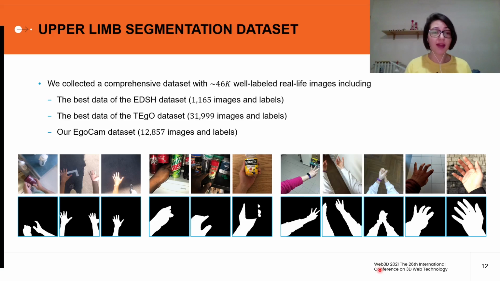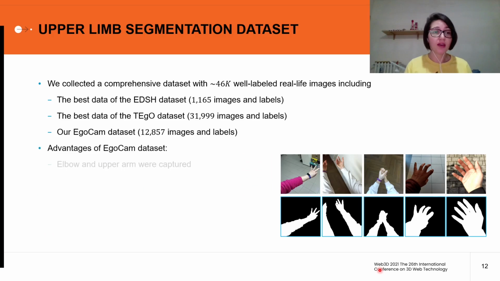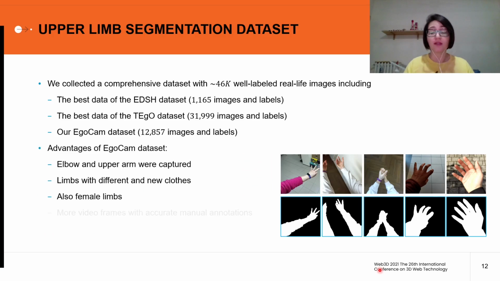And we collected our dataset called EgoCam that allows increasing the amount of data in our dataset, introducing also female limbs with different clothes, and capturing also the elbow and the upper arms, because existing datasets focused only on hands and the first part of the arm.